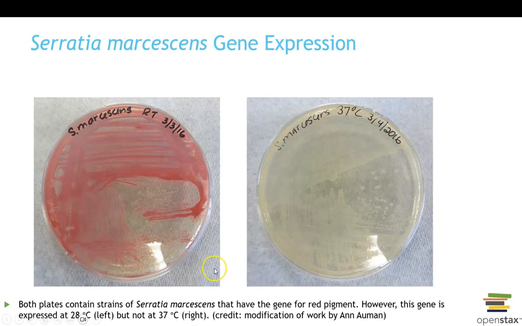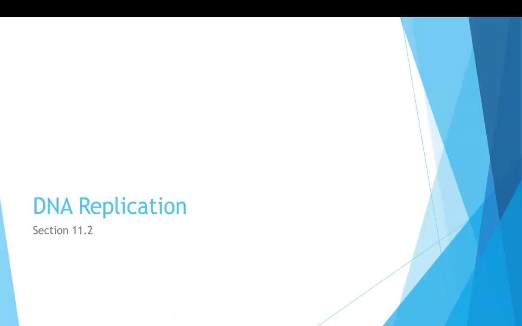If you usually put this bacteria at 37 degrees Celsius, you can see milky or white colonies, but as soon as you move it to 28 degrees Celsius, it is going to produce some very interesting pinkish pigments that it couldn't produce when it was at 37 degrees Celsius. So in a certain environment, the phenotype of this bacteria can change, for example the color of the colonies in this case.